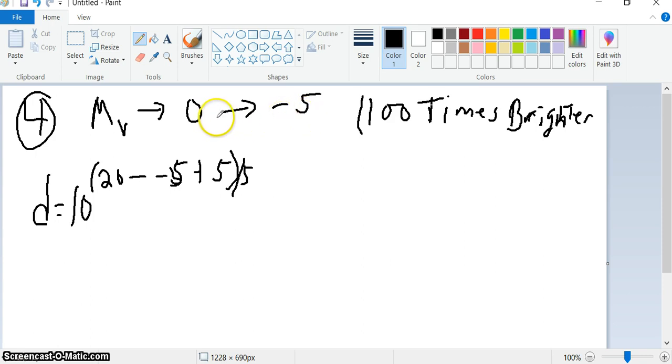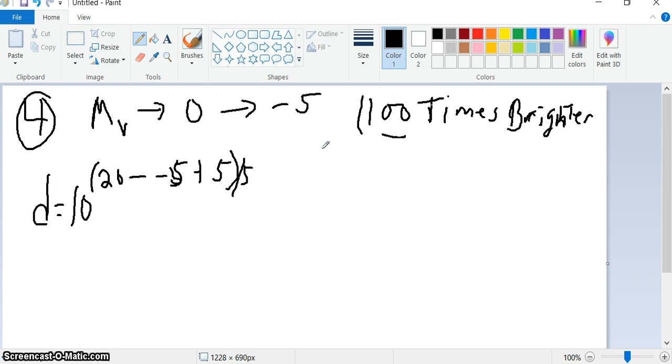Everybody understand that? It's from 0 to -5 because they give us this information, because it's 100 times brighter. That's the whole idea of 5 steps in magnitude.